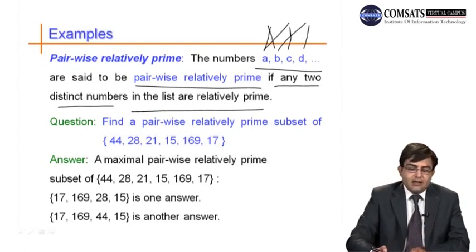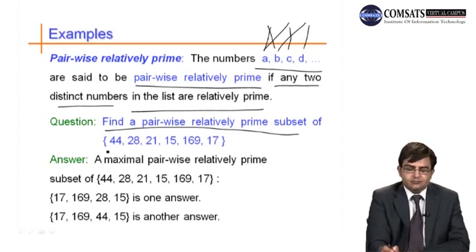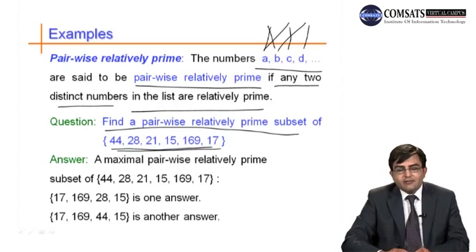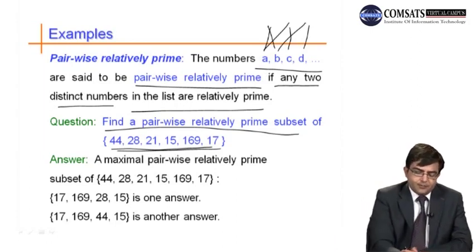For example, if we take this set, and we have to write a subset of this set in which we have pairwise relatively prime numbers, meaning if we take any two numbers in that subset, those two numbers must be relatively prime.